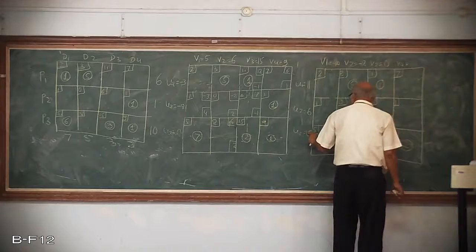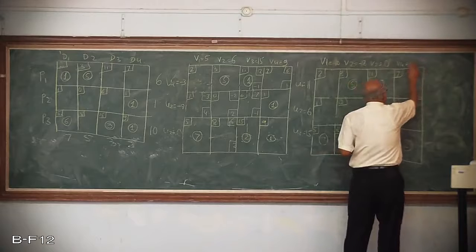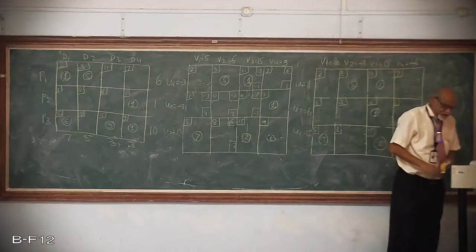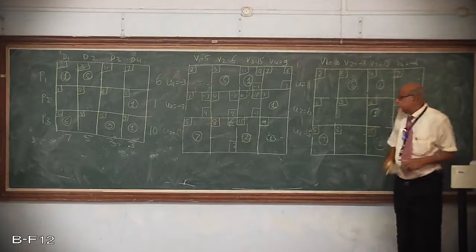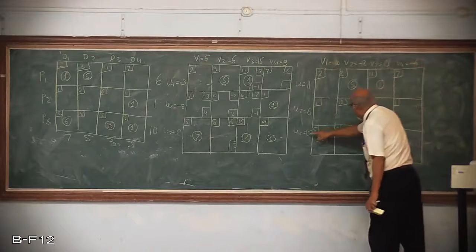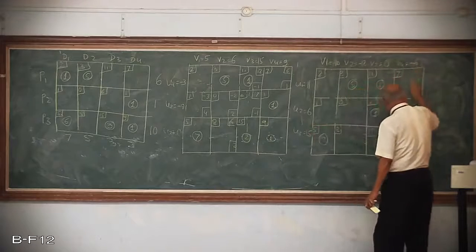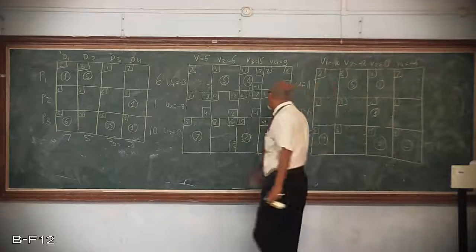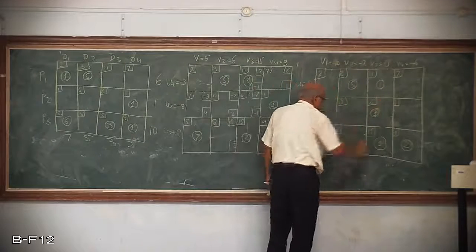That means 15 minus 6 will become 9, otherwise it is not possible. This is not plus 6, it is minus 6, because 15 minus 6, I should get 9. These things are correct now. If you want to verify, you can verify over here.